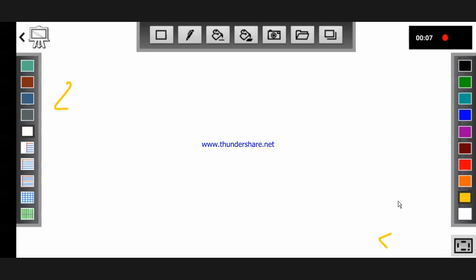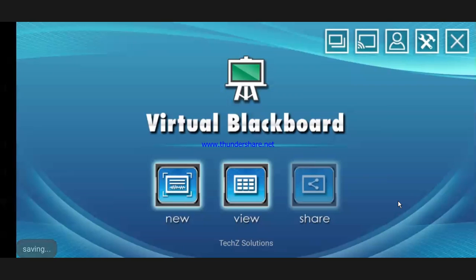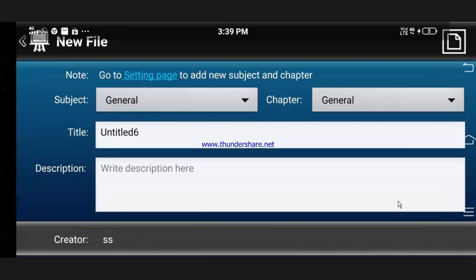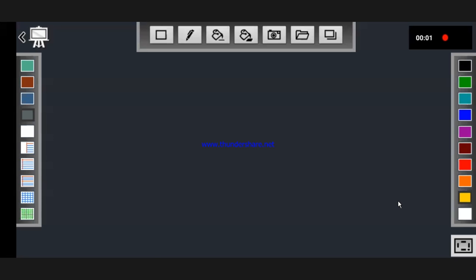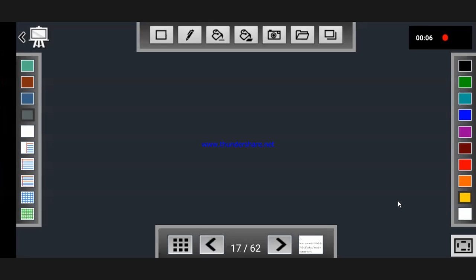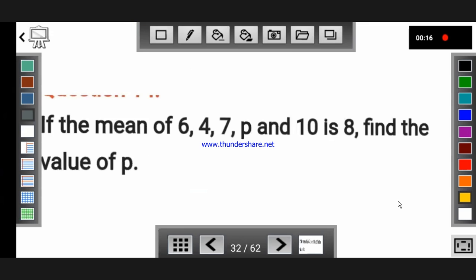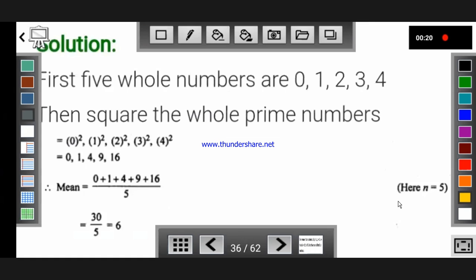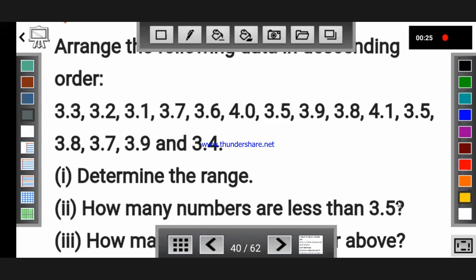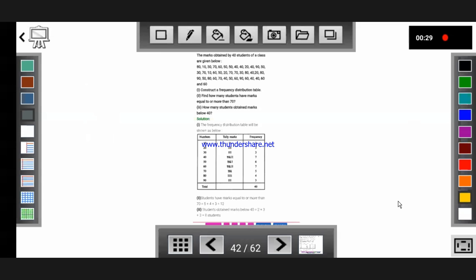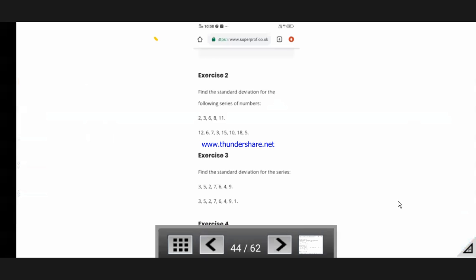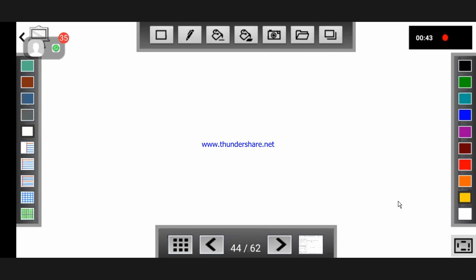They have given the numbers as 2, 3, 6, 8 and 11. We want to take the mean.